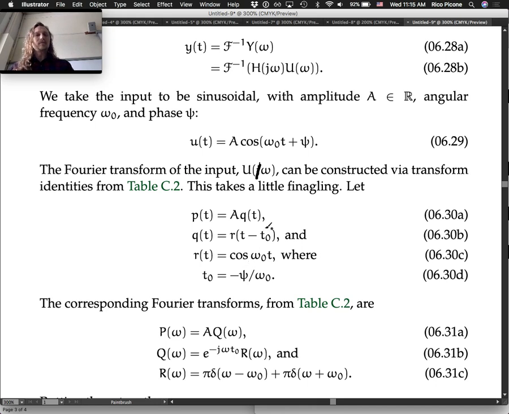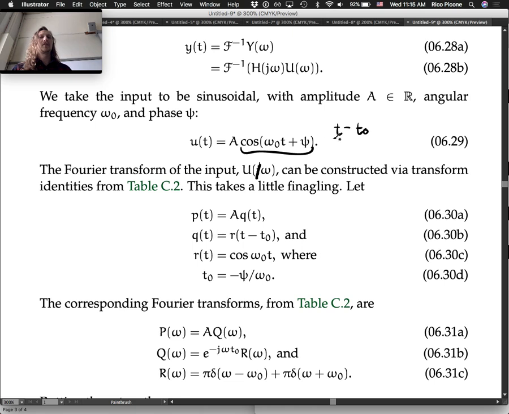The t naught here, if we're going to say this is the case, is going to be minus psi over omega naught. We're trying to write this as a function of t minus t naught, right? And t has a multiplier, omega naught, on it, and this psi shows up over here without that omega naught on it.